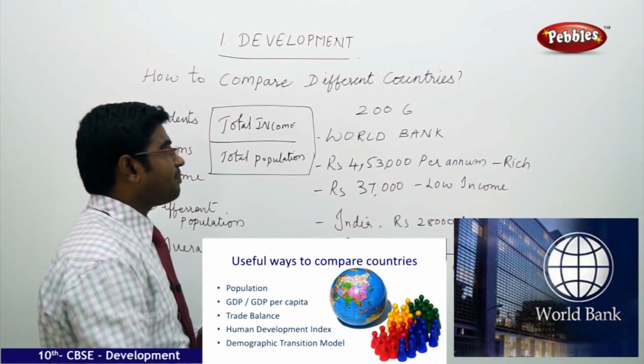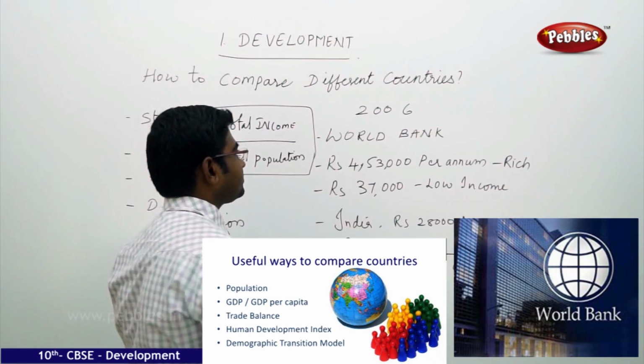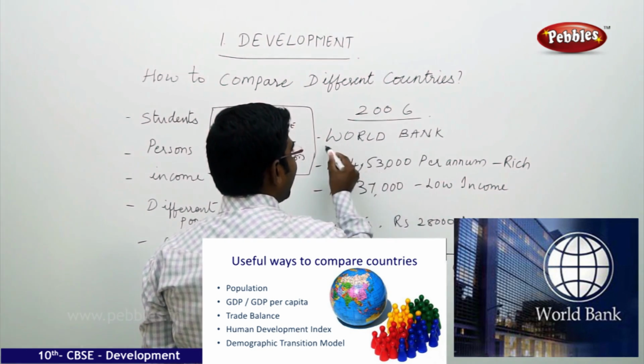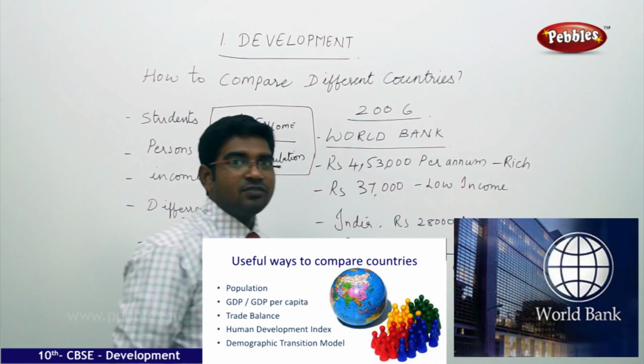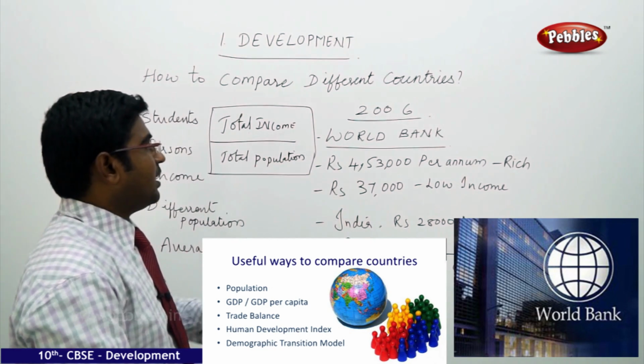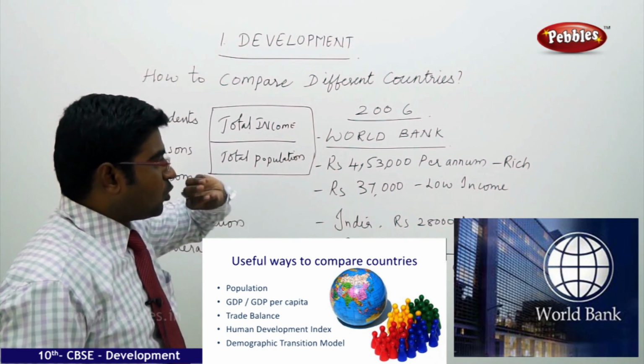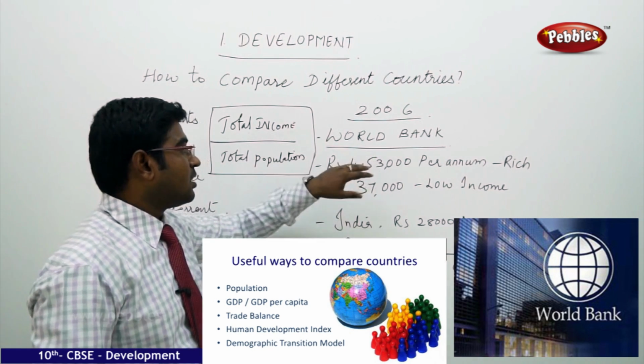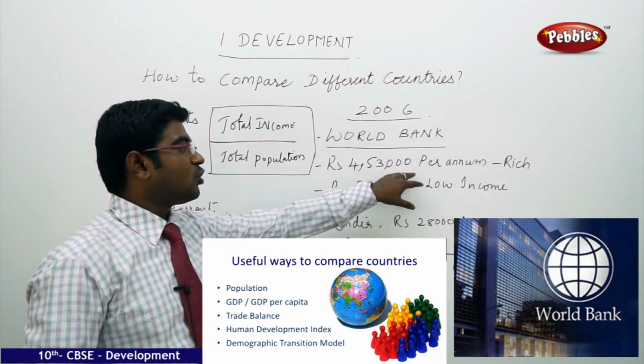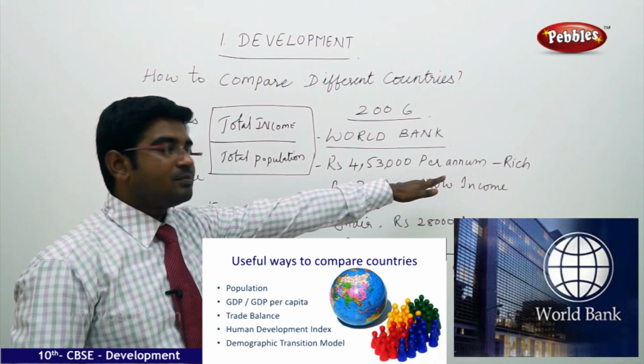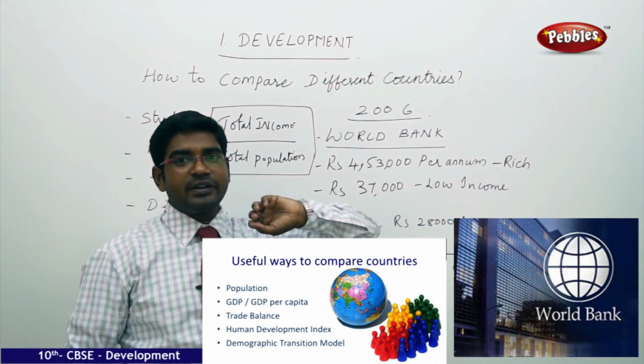On this criteria, in 2006, the World Bank gave a statistic saying that a country whose average income is 4,53,000 rupees per annum is called a rich country.